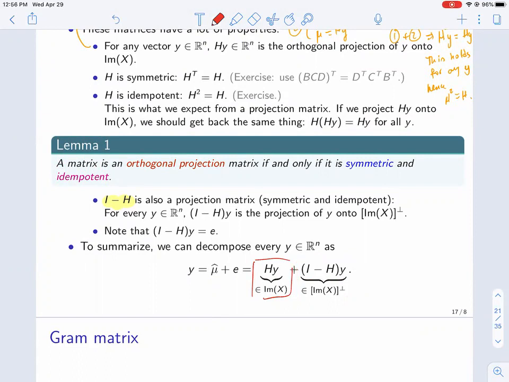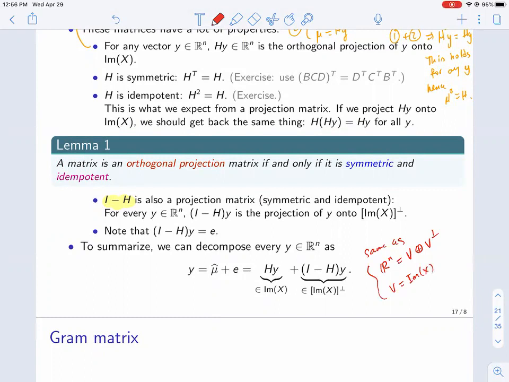And this is the orthogonal decomposition of R^n that I talked about. So I can write it as V plus V perp, where V is the image of x.